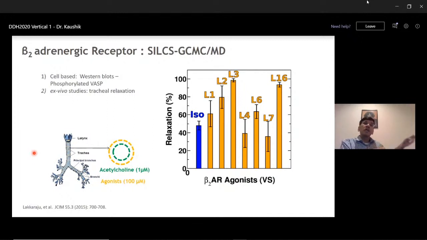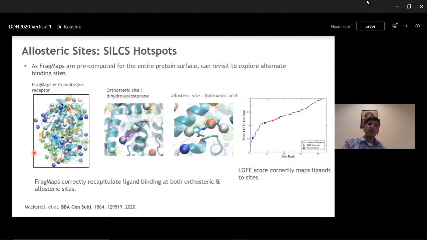So we had to use the grand canonical Monte Carlo, couple that with molecular dynamics to get good affinity patterns of the binding pocket, turn those affinity patterns into pharmacophoric features to drive an efficient pharmacophoric screening, and then use the ligand grid free energy as a further rank ordering process towards picking ligands that tend to occupy that binding pocket better. And then, of course, this was validated using these ex vivo studies.